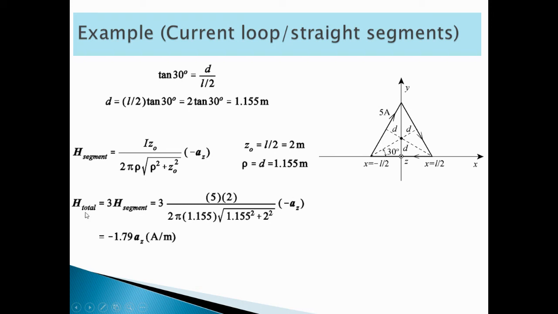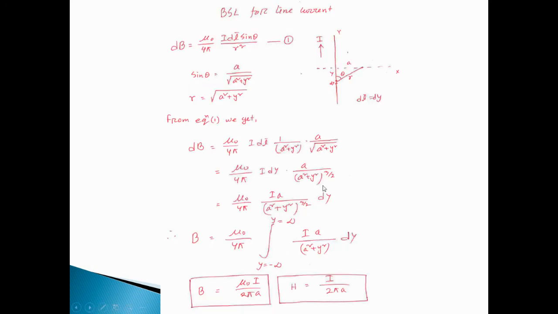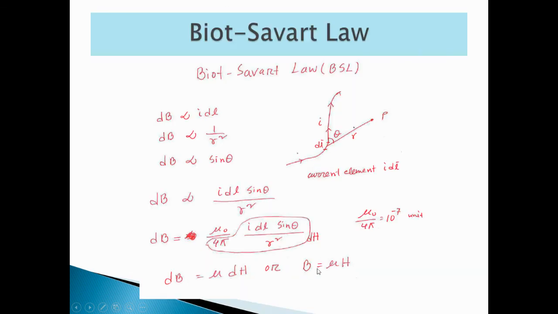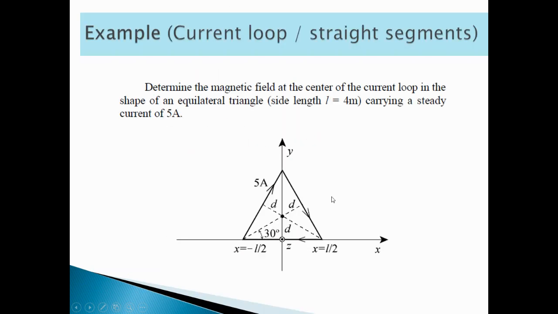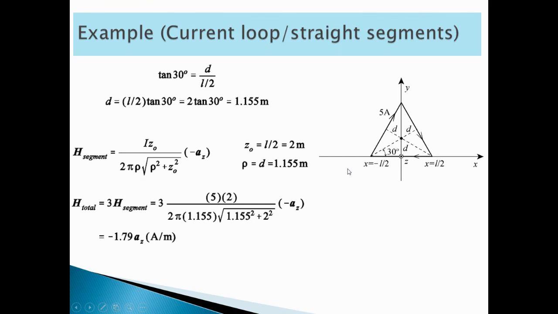That is the value of our magnetic field strength. From here, if you want, you can easily find the magnetic flux density using this equation, B equal to mu H. You can use mu naught if mu naught is given. It is as easy as that.